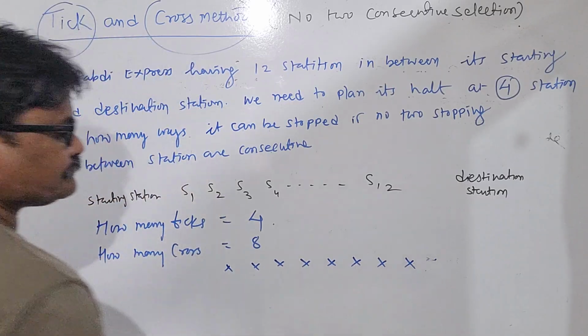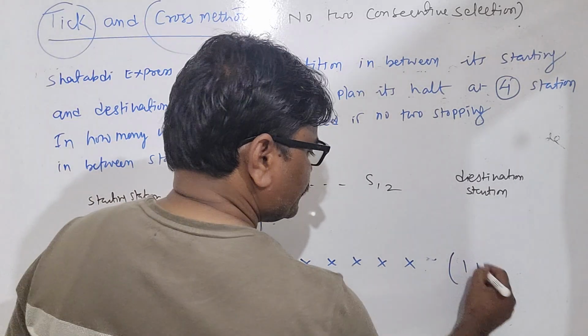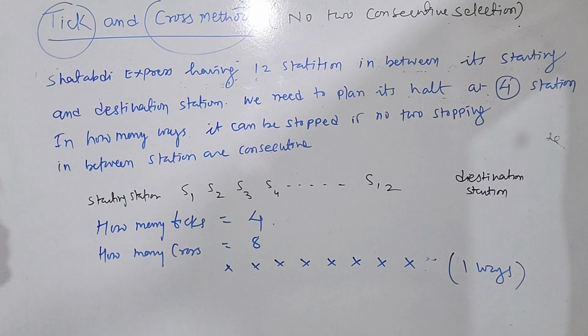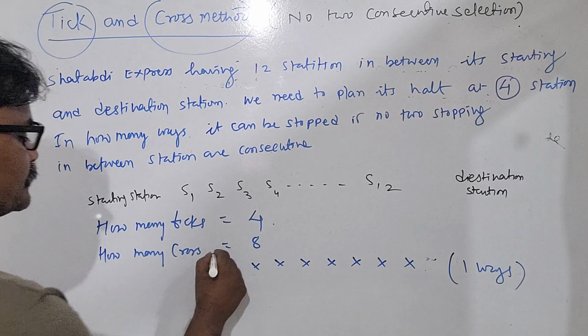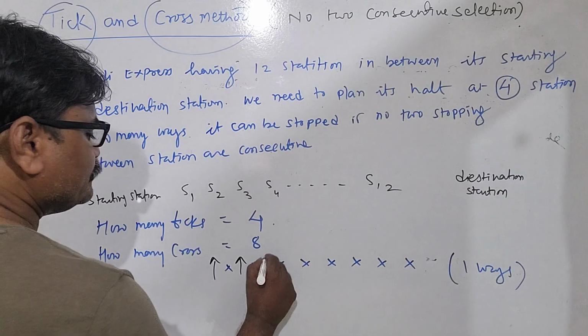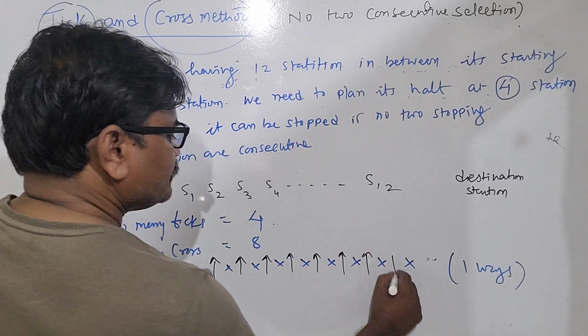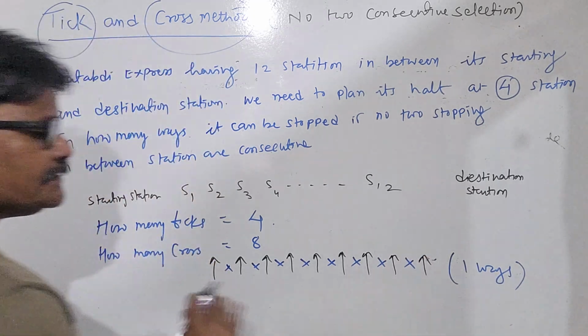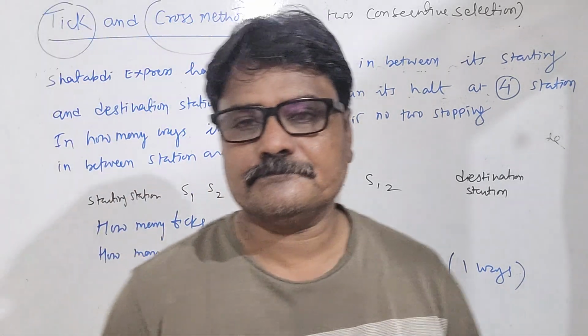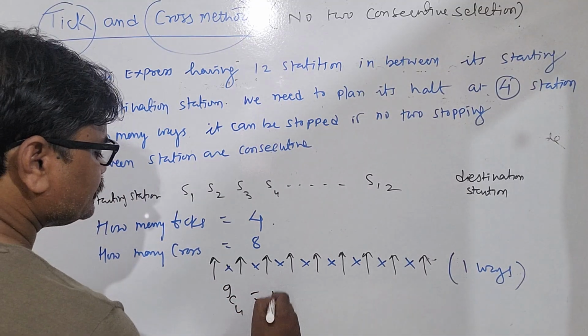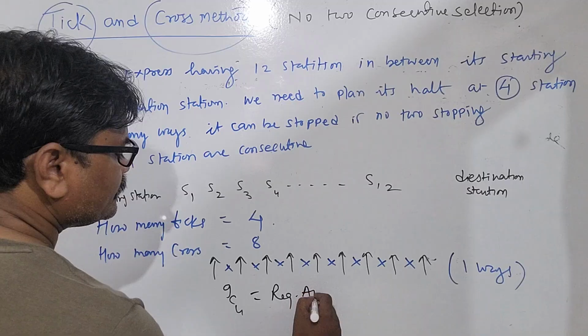Because crosses are identical, and if crosses are 8, there will be 9 gaps. Gap 1 2 3 4 5 6 7 8 and 9. Out of these 9 gaps we have to select any 4. That can be done in 9C4 ways. This is your required answer.